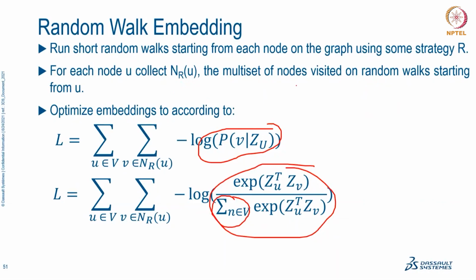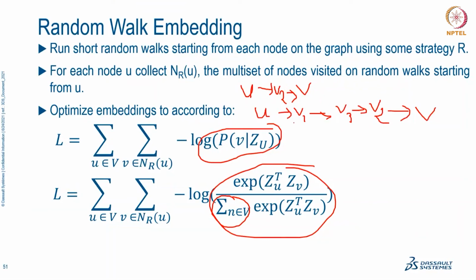For one random walk, consider we go from U to Q2 and V. For another random walk, U, V1, V3, V2, and V.